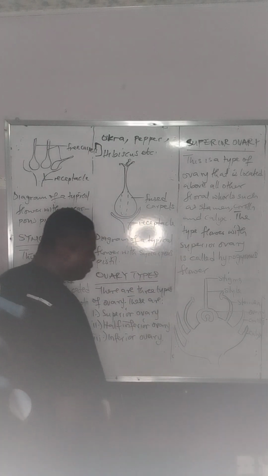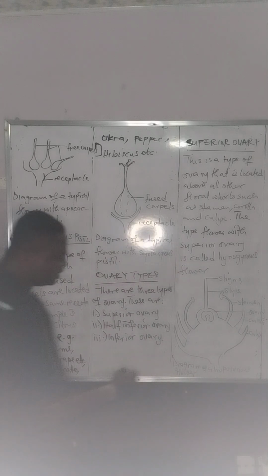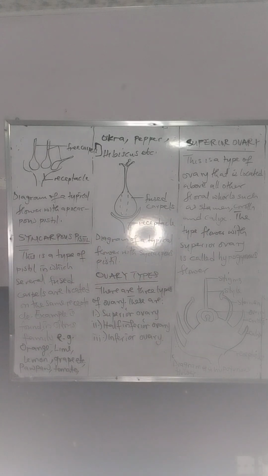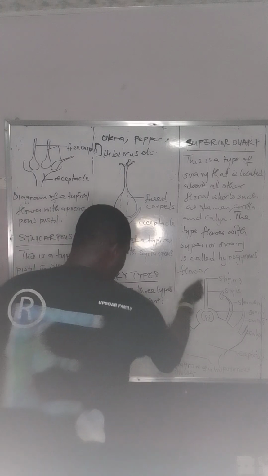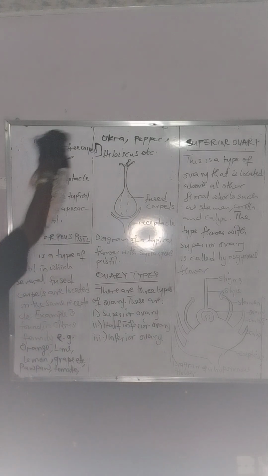So now what I have here is a diagram of a hypogynous flower. So this is the receptacle or thalamus. So that is superior ovary. It's located above. You can see it at its foot. That is where the others are coming up. So let's look at the second one.